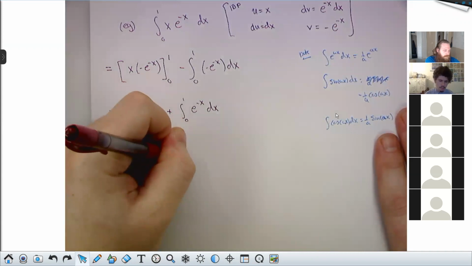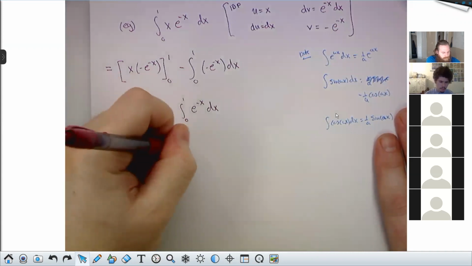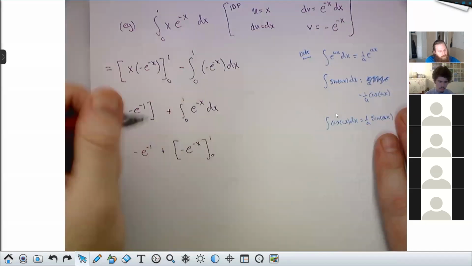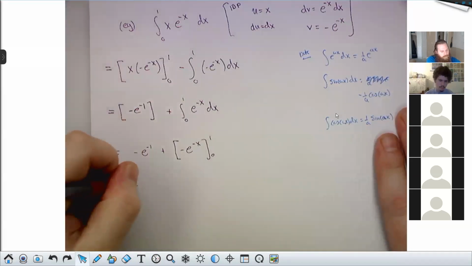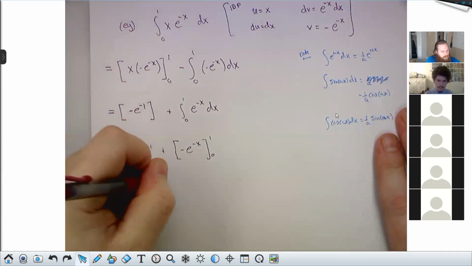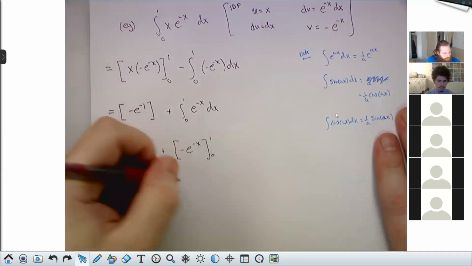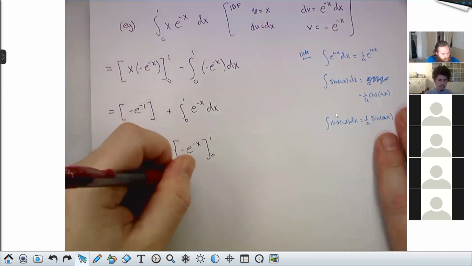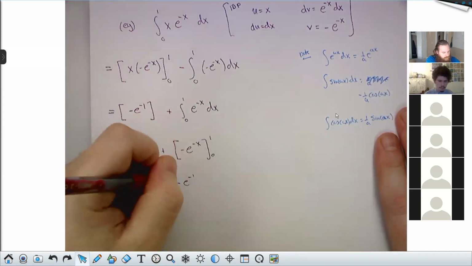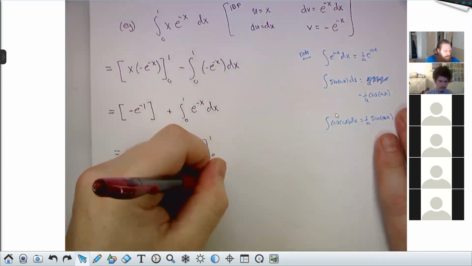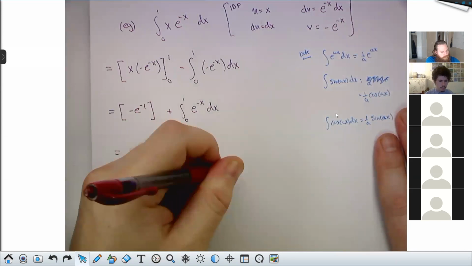And now my antiderivative over here is negative e to the negative x again, and it'll get evaluated from 0 to 1. So this is negative e to the negative 1 plus, at 1, I get negative e to the negative 1. And then you have to subtract off what you get at 0, minus negative e to the negative 0.